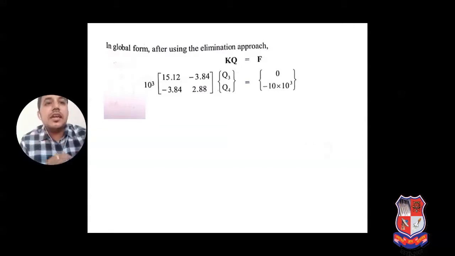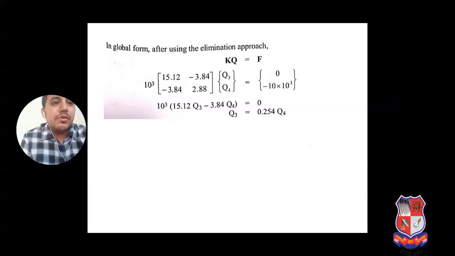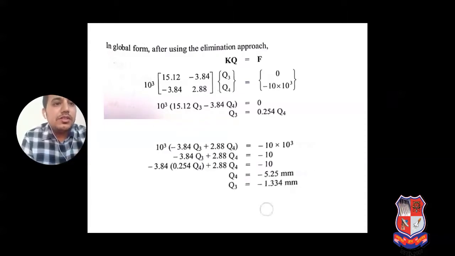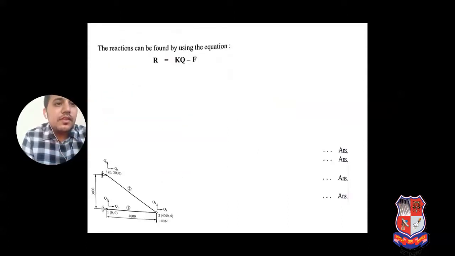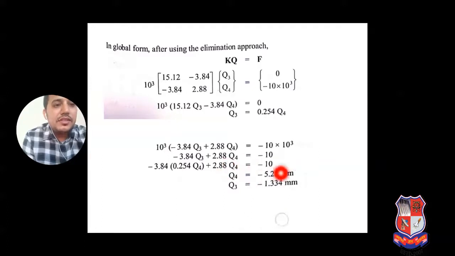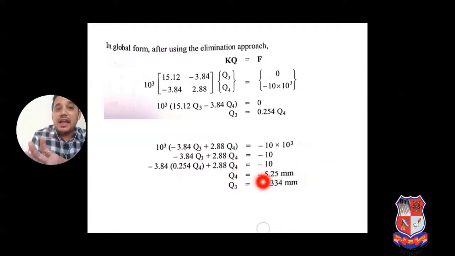Let's start with the final calculation. Here we have to find out Q3 is equal to minus 1.334 mm and Q4 is equal to minus 5.25 mm. This is our final answer for the displacement at node number 3 and node number 4.